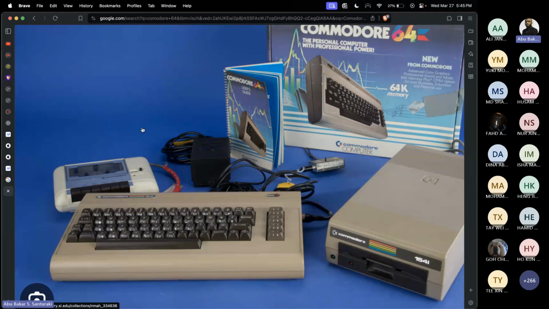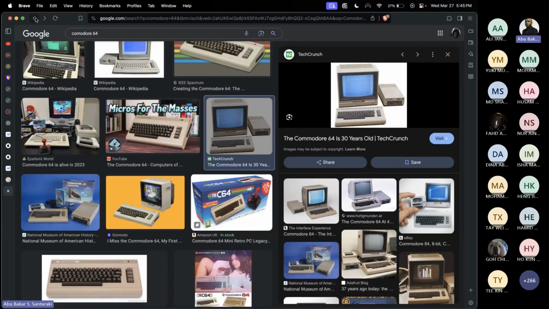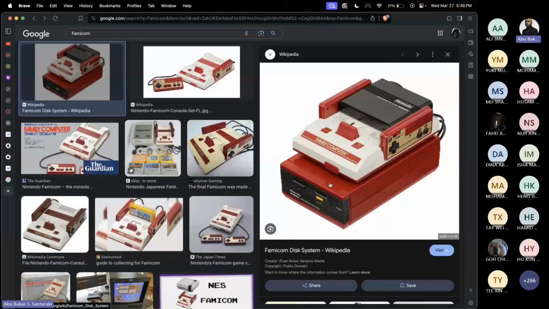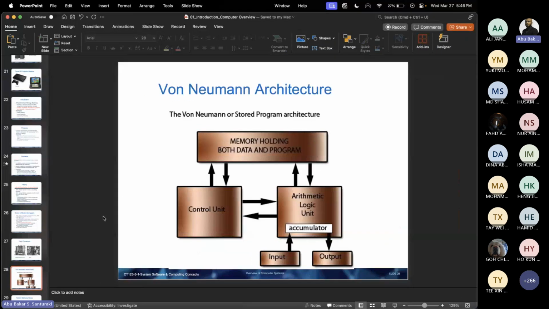So once upon a time, computers didn't have operating systems. You used to have to manually load things. The Commodore 64 has a rudimentary operating system, but the Nintendo Entertainment System does not. So the NES does not have one, you just plug it in, put it in and play. So the stored program concept was developed by this guy called John von Neumann.